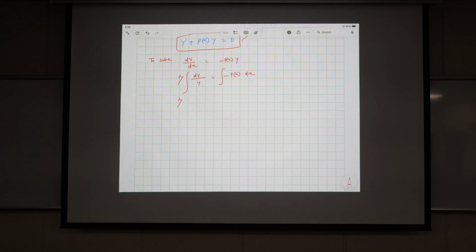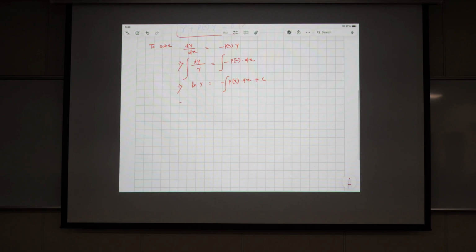That will give us ln y is equal to minus integral of p(x) dx plus c.